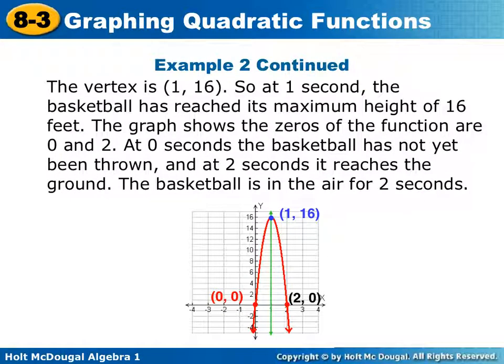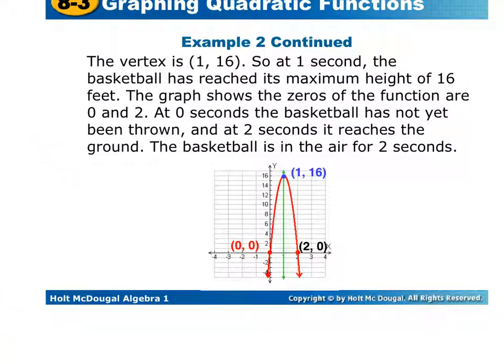So when you're doing this, this is what the graph looks like. You throw the basketball in the air, it gets to its highest point, and then it comes back down to the ground. The vertex tells us, the 16 tells us how high it got, and the first number, the x, tells me how long it took to get 16 feet in the air.